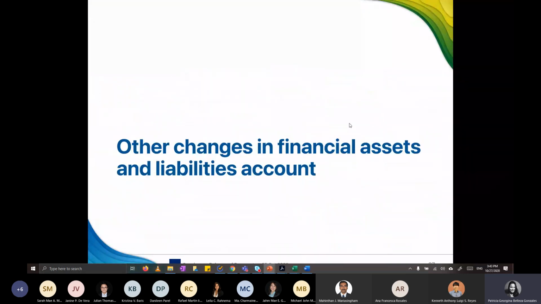Okay, so now we move on to the other changes in financial assets and liabilities account. This is much more connected to the previous financial accounts because they deal in the same financial assets.